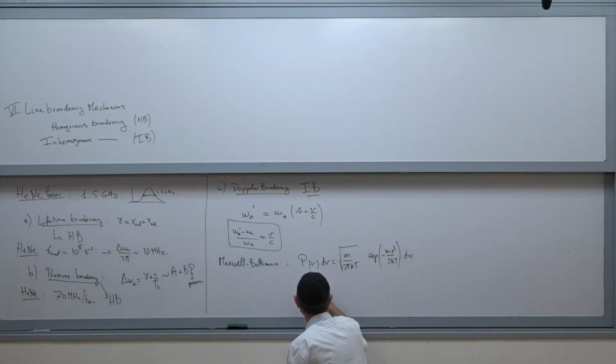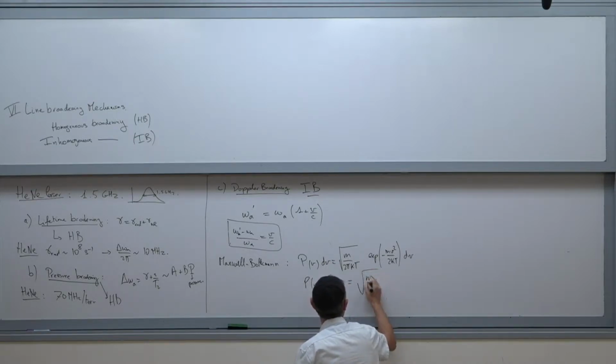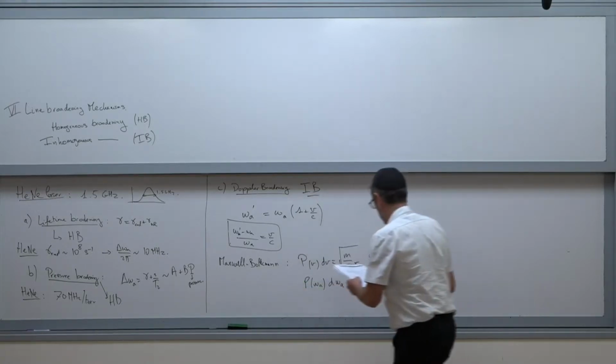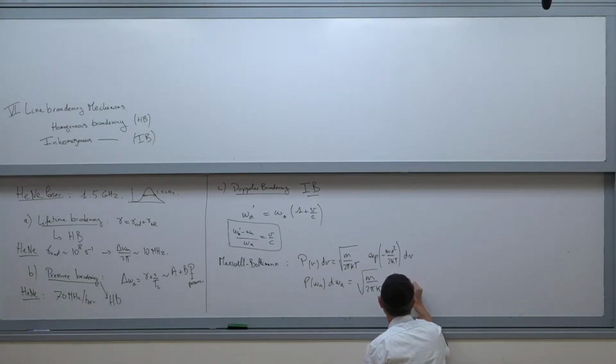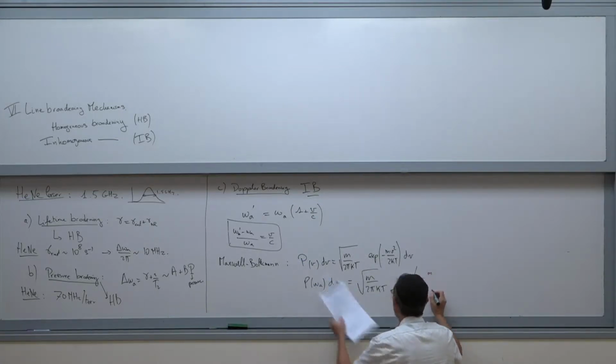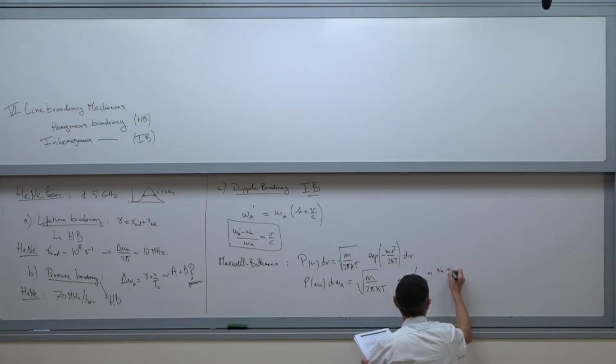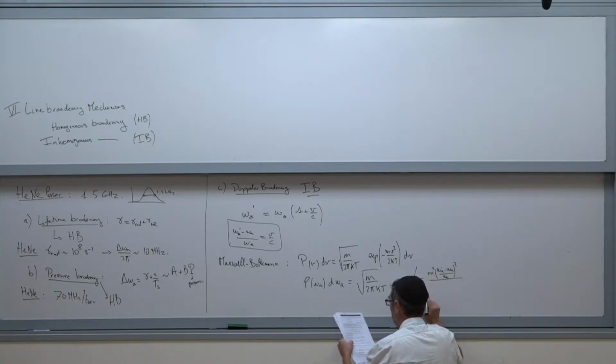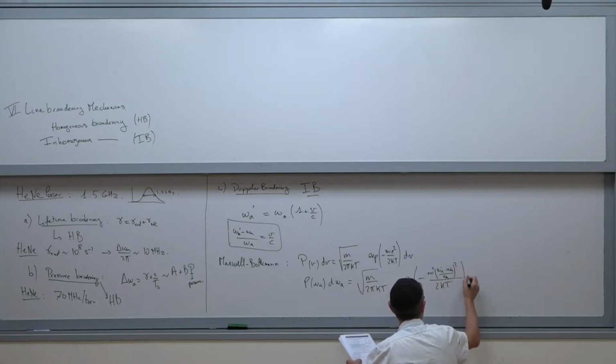So if you do the change of variable here, you get P(omega A) d omega A equals the square root of m over 2 pi kT, where k is the Boltzmann constant and T is the temperature, times exponential of minus m v squared, given by that, so it's (omega A prime minus omega A) over omega A, squared, times mc squared, over 2kT, dv.